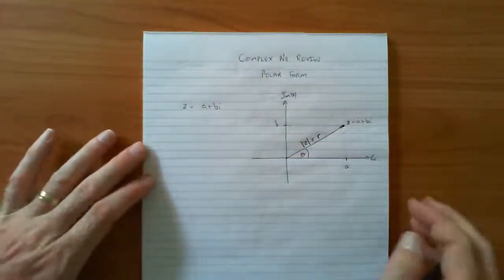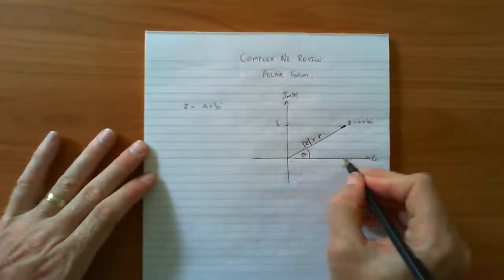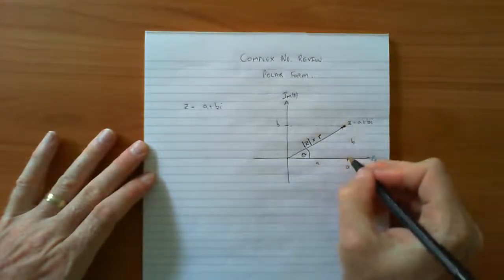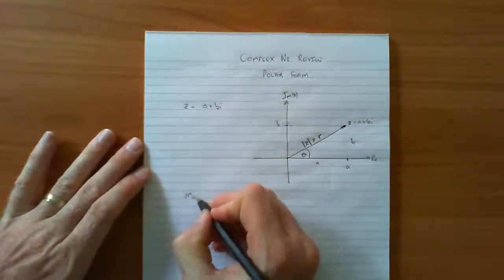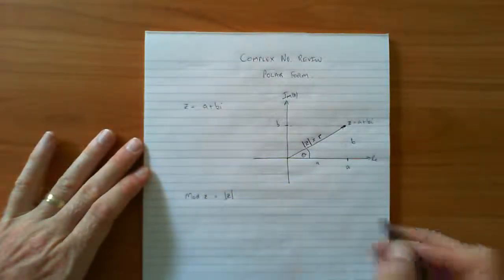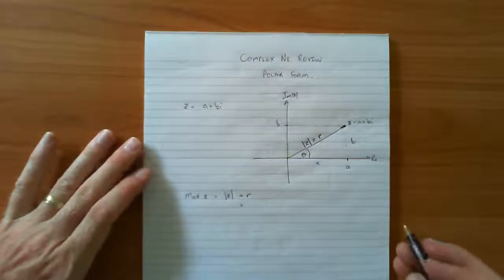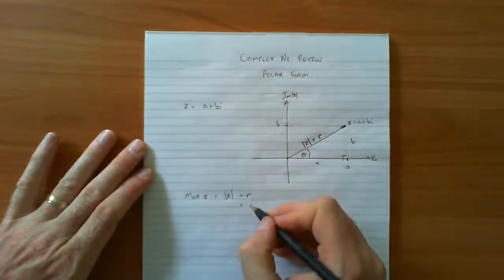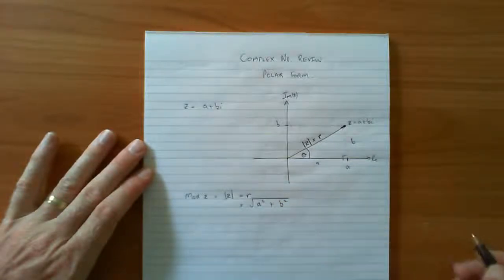Now before we get too carried away with all sorts of mathematical rules that we need to remember, this distance here is a. This distance here is b. So using the maths that we already know, mod z, or r, is equal to, this is just the hypotenuse of a right angle triangle, and we know the hypotenuse is the square root of a squared plus b squared.